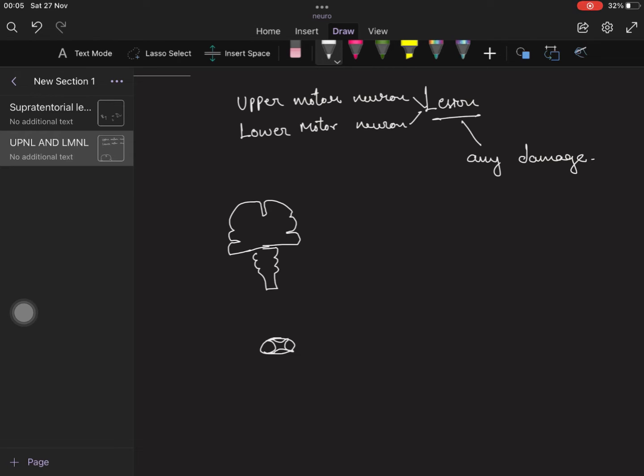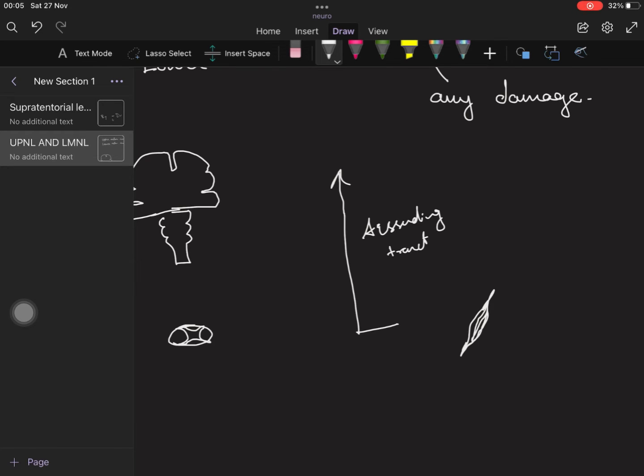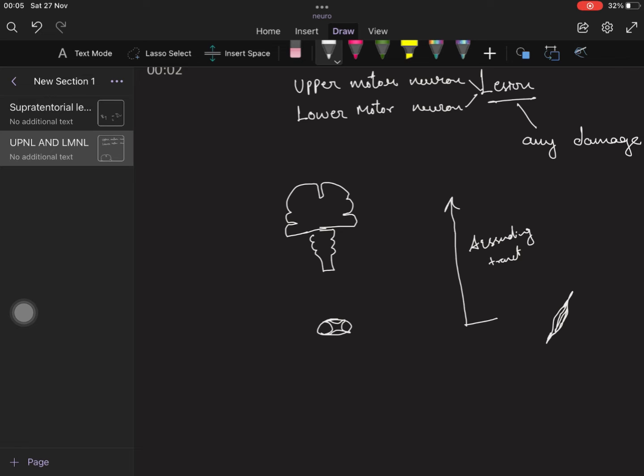We already know how our brain responds to a stimulus. There will be a stimulus, and that information will be passed from the receptor organ to the cerebral cortex, and that's called the sensory tract or ascending tract.